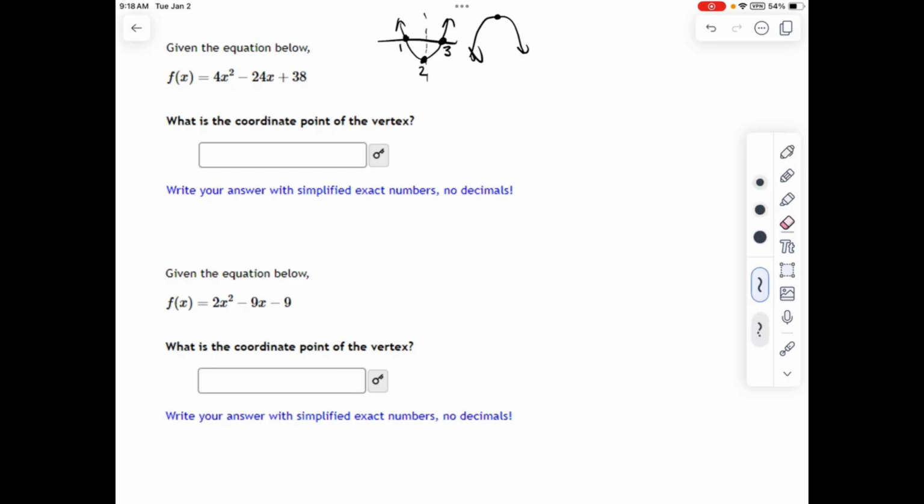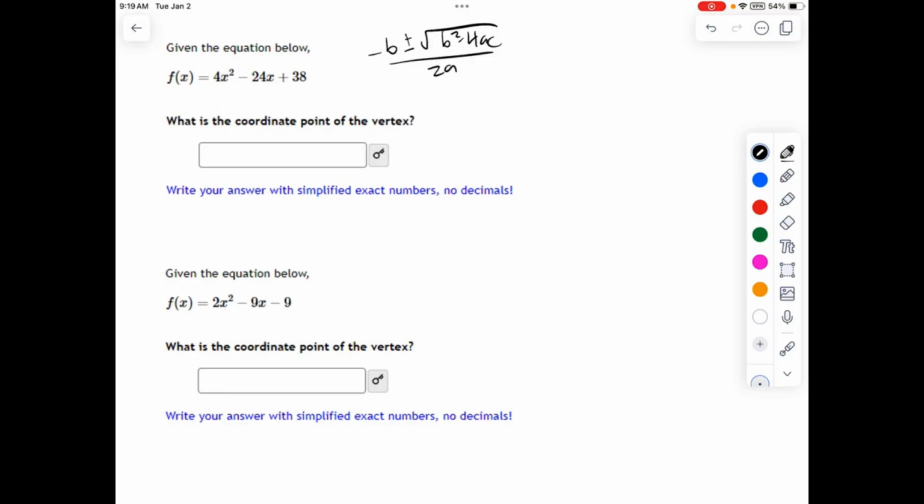However, what I would recommend, if you're just finding the vertex, is the easiest way, instead of worrying about fraction arithmetic or solving for x: use your shortcut. The quadratic formula is x equals negative b plus or minus the square root of b squared minus 4ac, all over 2a.